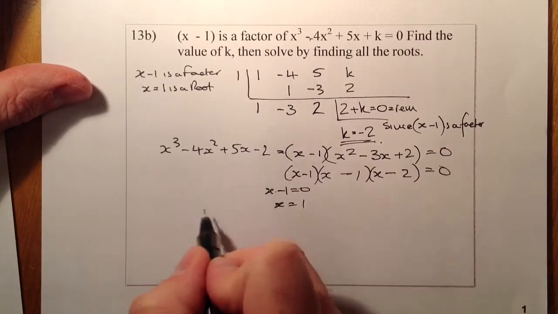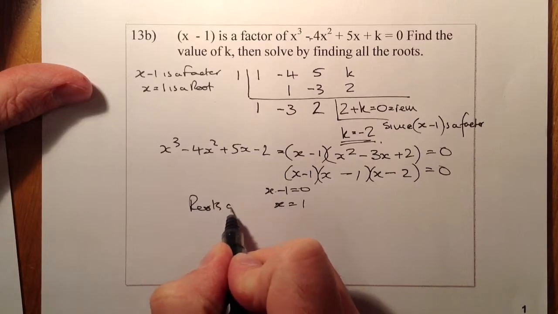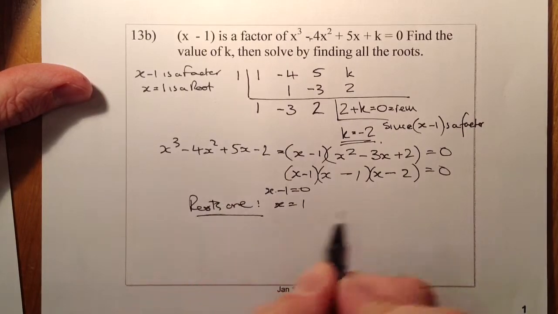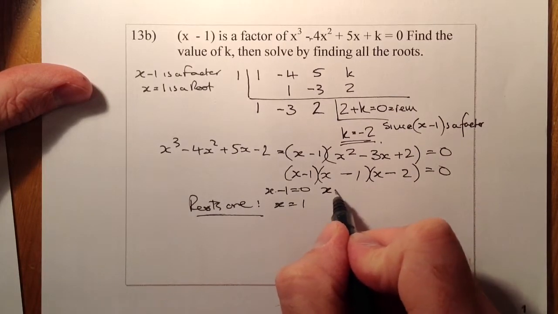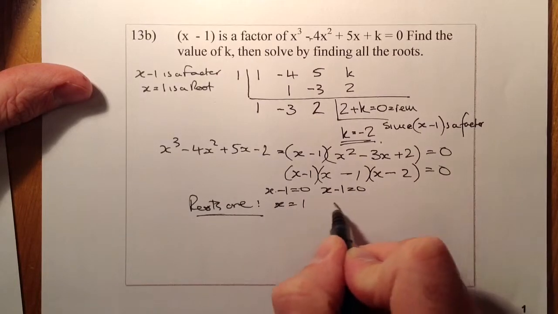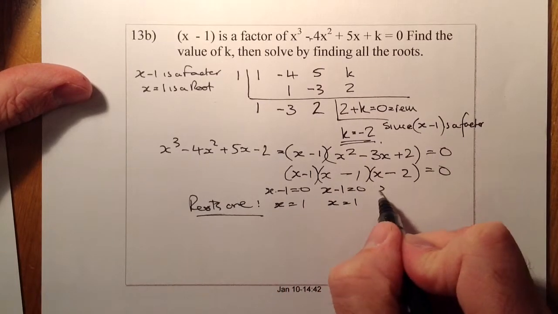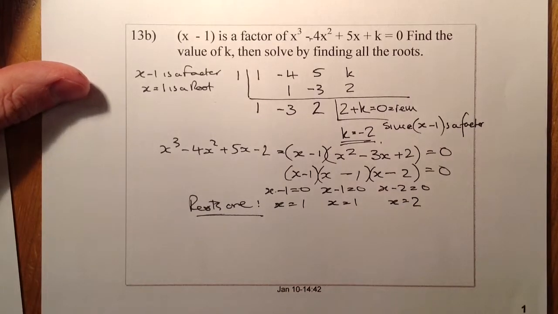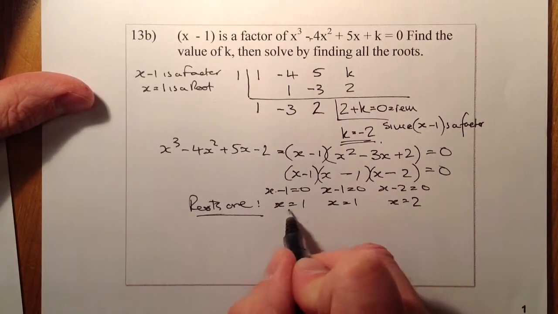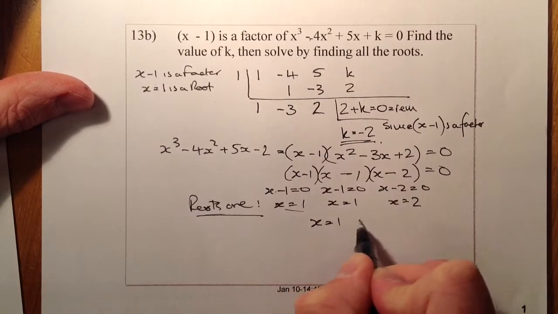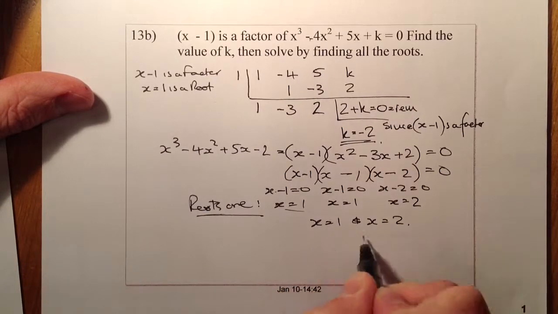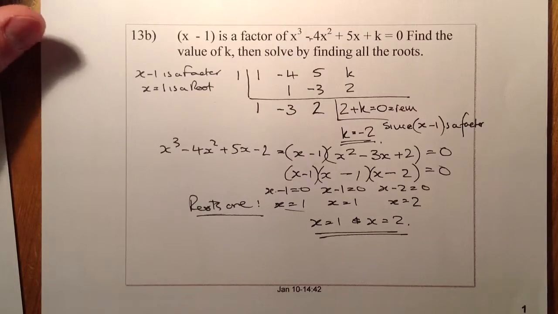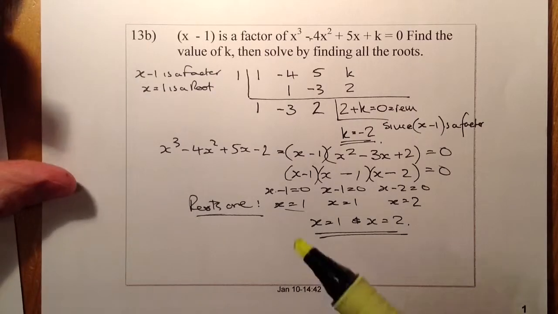So x equals 1. Okay, here this is going to be exactly the same. x minus 1 equals 0, so x equals 1. And here I've got an x equals 2 coming out there. So what I've got here is just x equals 1 and x equals 2. There's my roots. Okay, let's see the marking for this one.